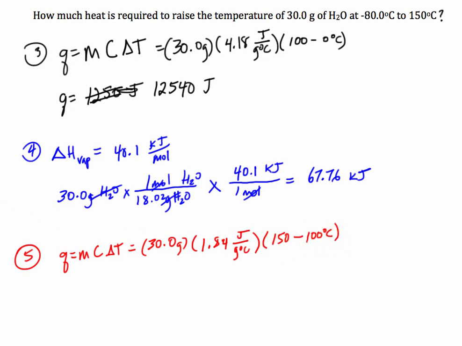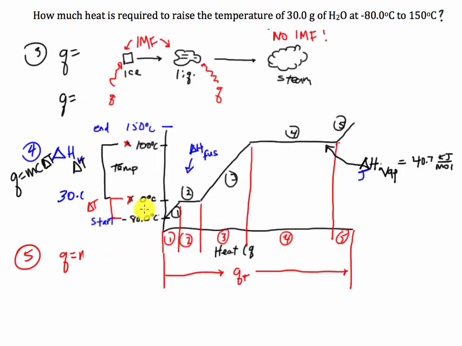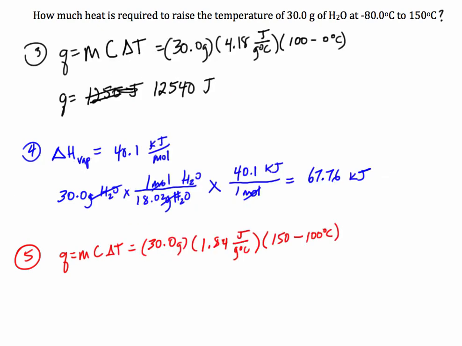Think about these changes in temperature, just to make sure you're aware of this. You're only going to go for this range here, from this segment to this segment, so you're not going to go back all the way to the beginning each time. So I have a change of 80, a change of 100, and a change of 50. Keep that in mind. You're not going to do those all as one overall change in temperature.